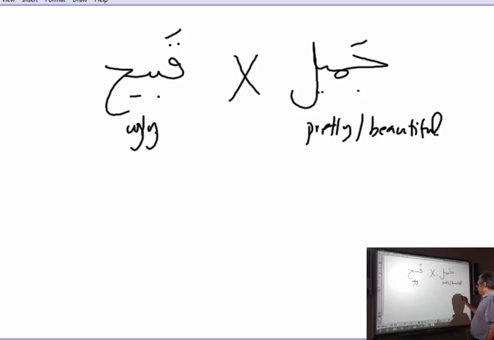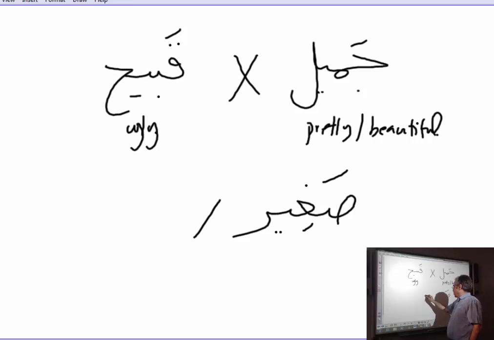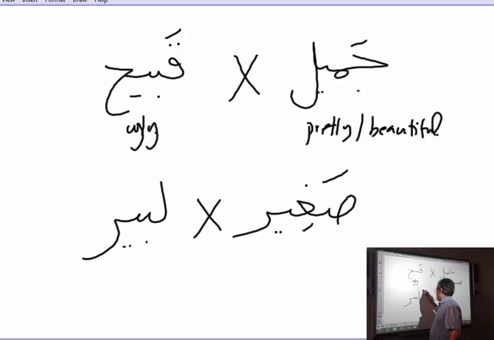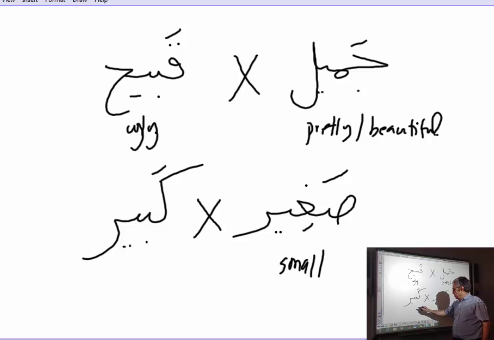You can take also other words. If you take, for example, this one, this is Saghir, and the opposite is Kabir. Saghir means small, and Kabir, big or large.